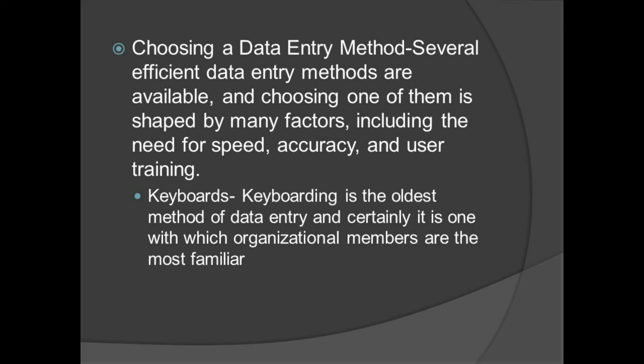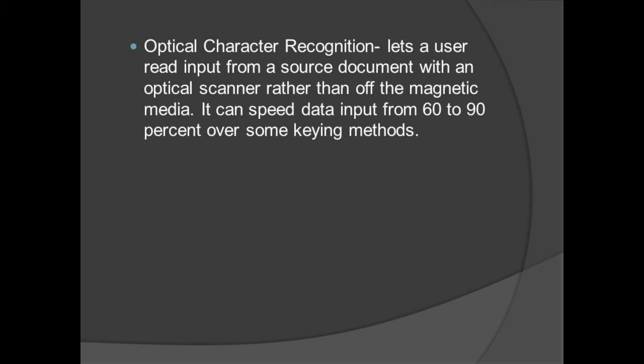Keyboarding is the oldest method of data entry, and certainly it is one with which organizational members are the most familiar. And the optical character recognition. It lets a user read input from a source document with an optical scanner rather than off the magnetic media. It can speed data input from 60 to 90% over some keying methods.